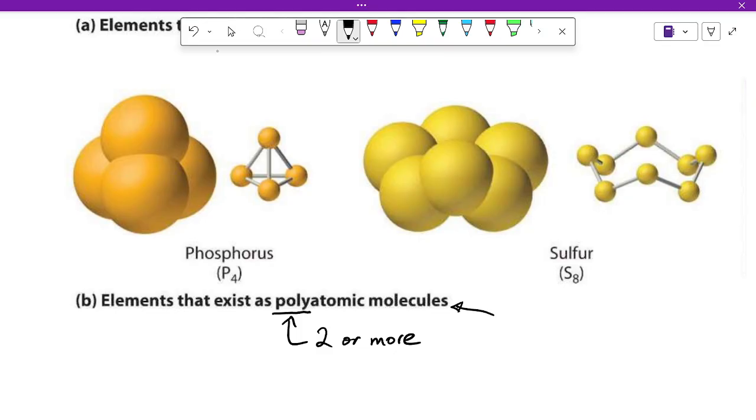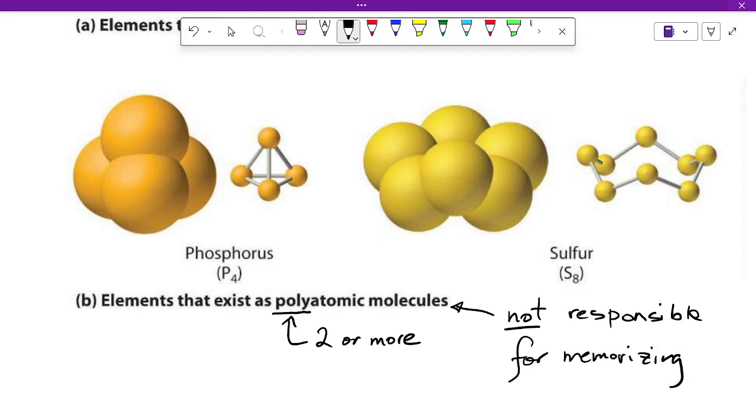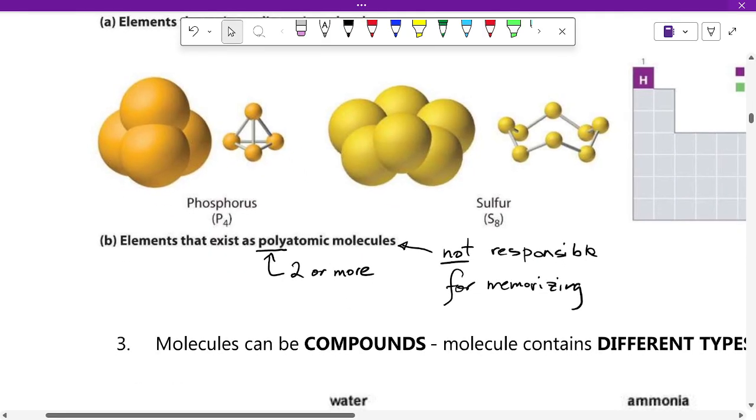Not responsible for memorizing. So you do not need to know that phosphorus comes as P4. You do not need to know that sulfur comes as S8.